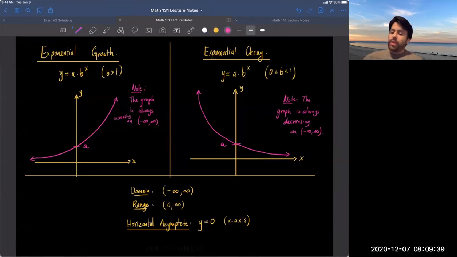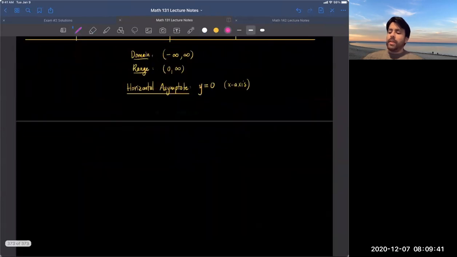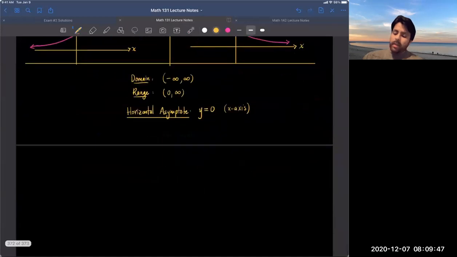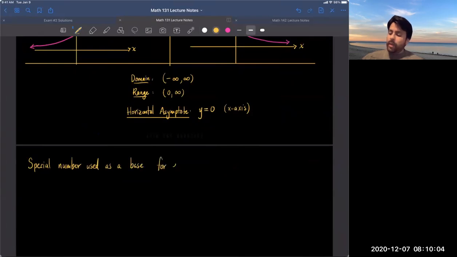Now, there's a very special number as a base that we use with exponential functions. And that base, so this is a special number here, used as a base for exponential functions.